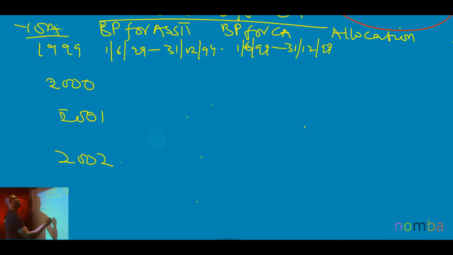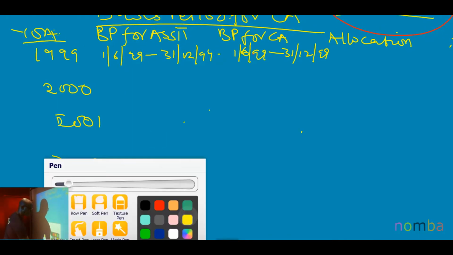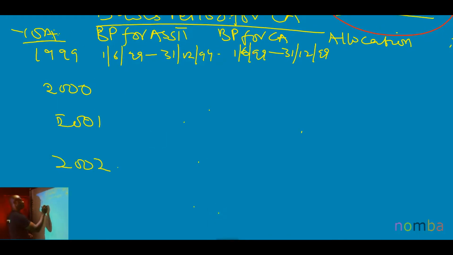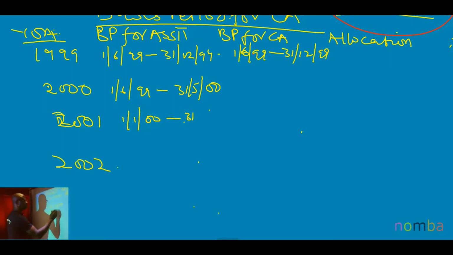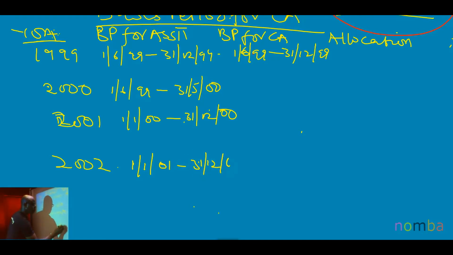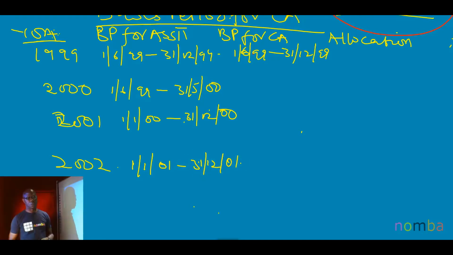So if he's not opting for his right, it means up there is what we are going to pick. That was 1/1/99 to 31/12/99 for year 2000. For year 2001, it was 1/1/00 to 31st December 2000. And for year 2002, it was 1/1/01 to 31st December 2001.